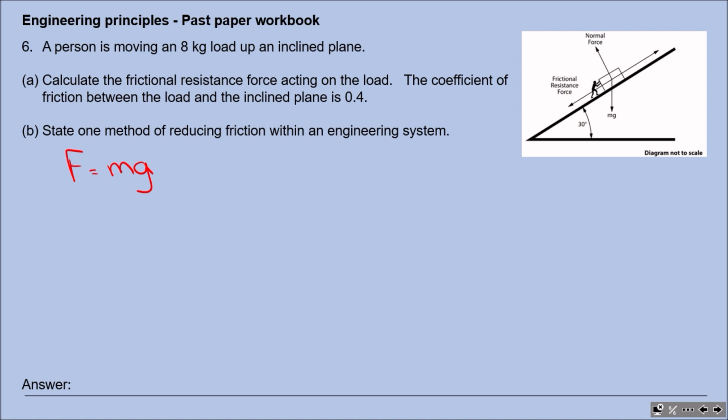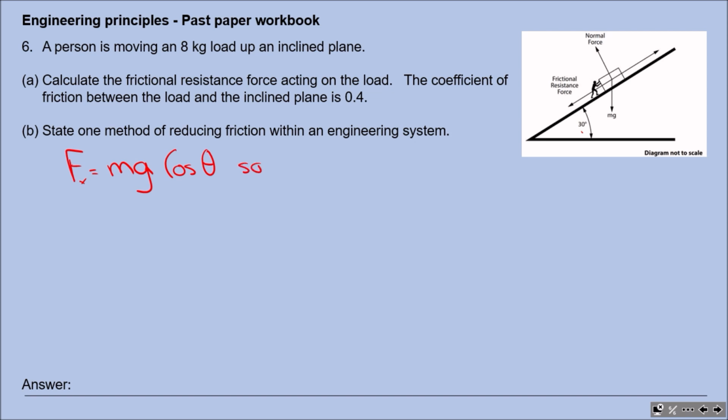Because we've got a force acting at an angle, we need to find out what's happening along this horizontal plane, so we're going to need the cos theta. So we've got Fx, the horizontal, because we're pushing this in the horizontal direction even though we're going up a hill.